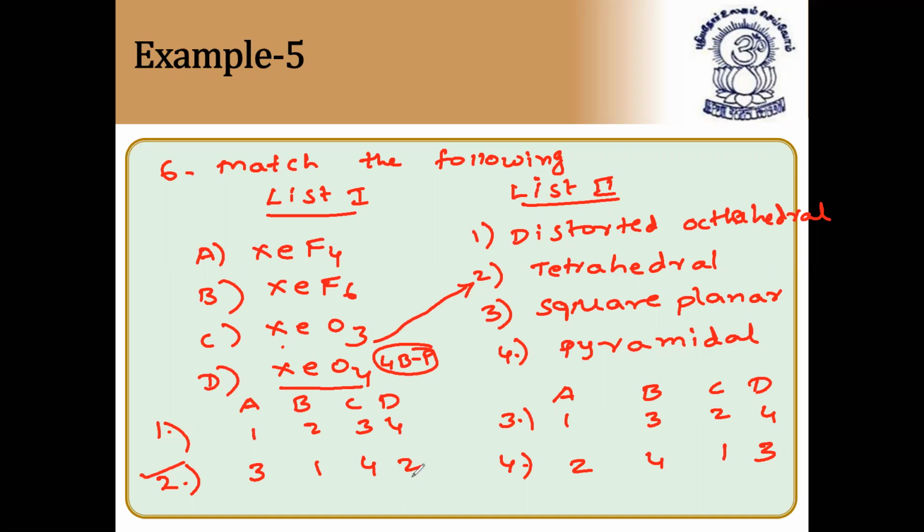Even for A, XeF4 is square planar, so A is 3. XeF6 is distorted octahedral. So the answer is 3, 1, 4, 2. Like this, matrix type questions they'll ask. Next question.